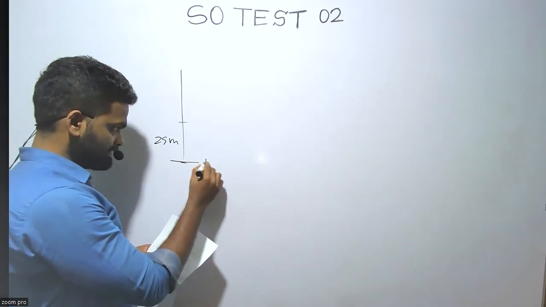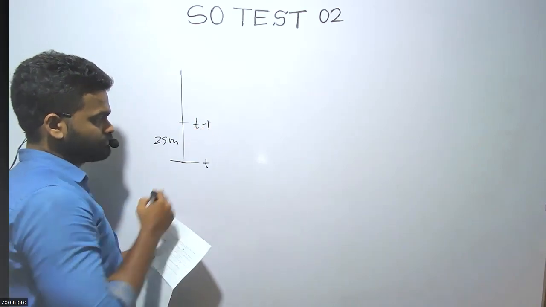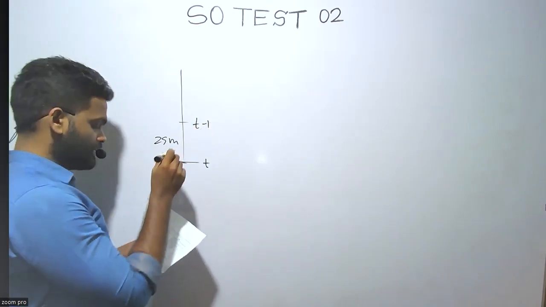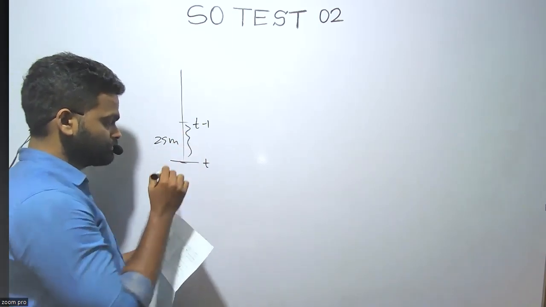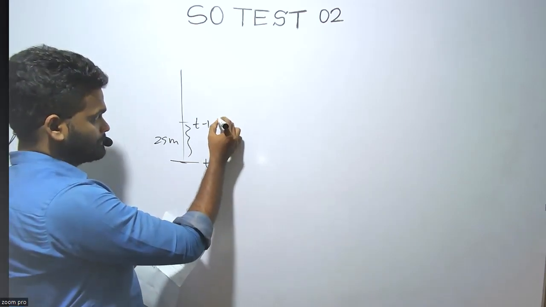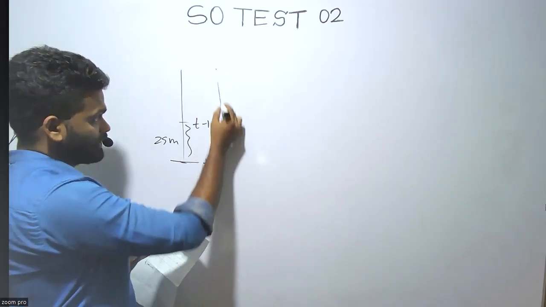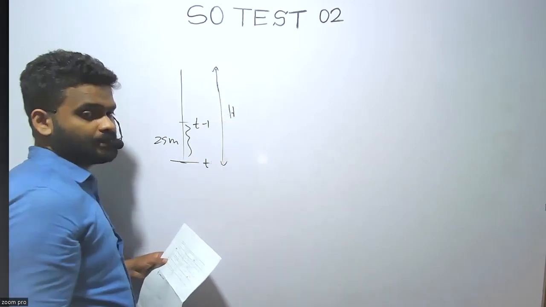Let's say it collides at time t. Last second means t and t minus 1. It moves 25 meters. So what they ask is the height of the tower. Height of the tower means from here to here. Let's say capital H.